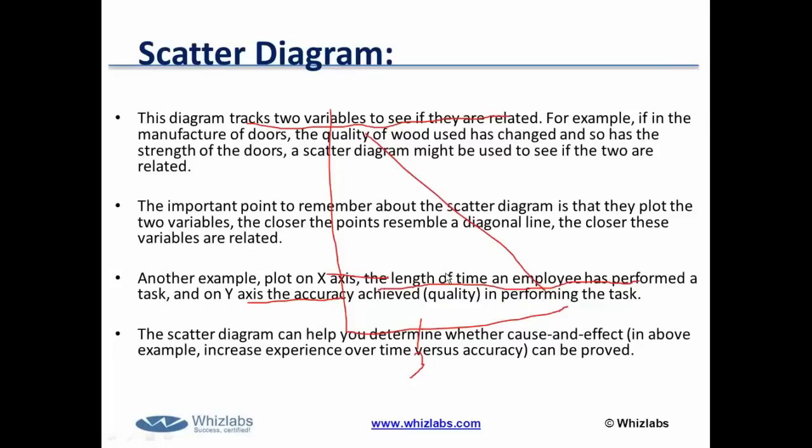So I hope the scatter diagram is clear. A scatter diagram is about identifying the factor which can improve your quality problem, whether by changing the experience of people, by reducing the resources, or by using cheaper quality raw material, and how it is impacting your project outcome.